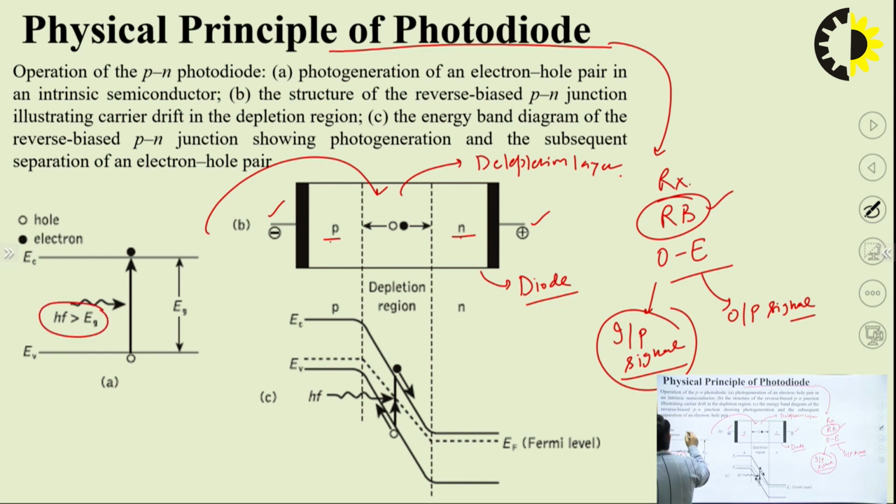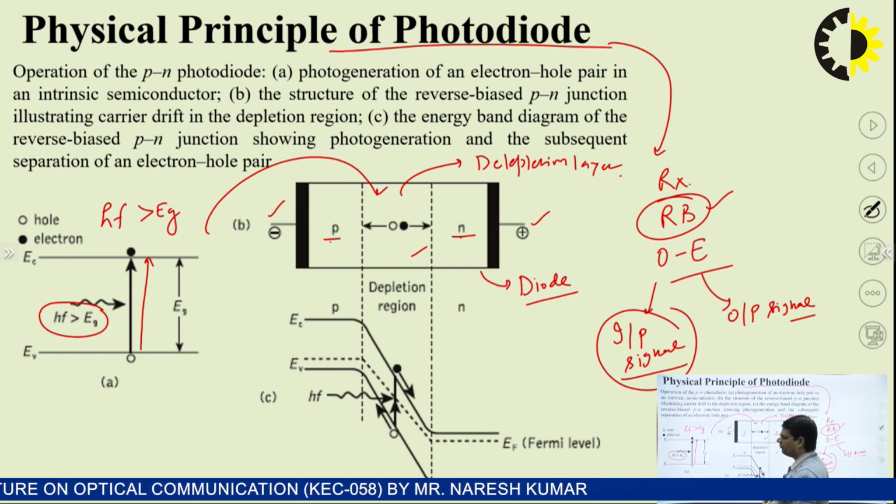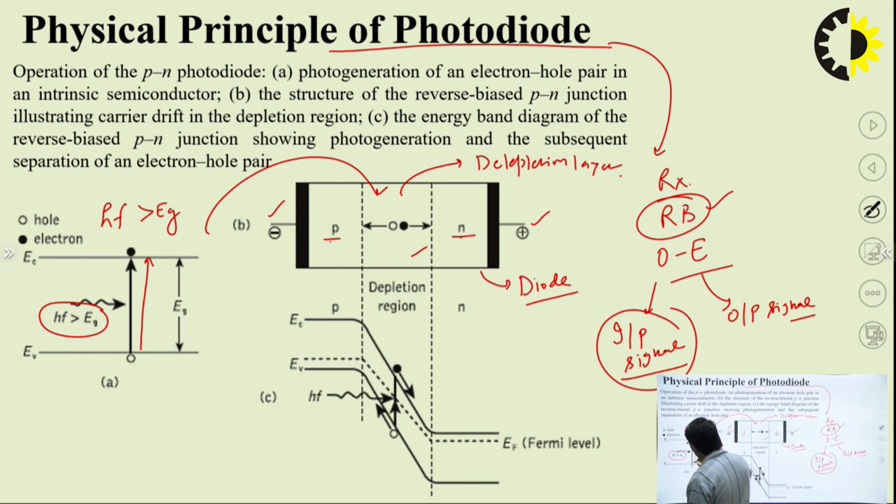Whenever a photon having energy greater than the band gap of the material is incident over the photodiode, it will absorb energy, absorption will be there, and it will go from the lower state to a higher state. That is, a pair of electron and hole is created. By the absorption of optical power, a free electron and hole pair is created.